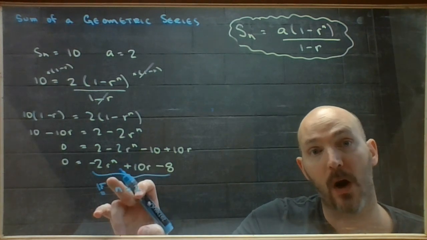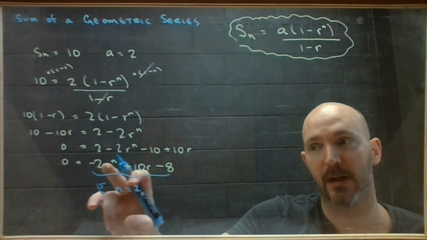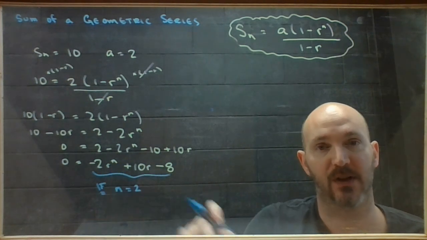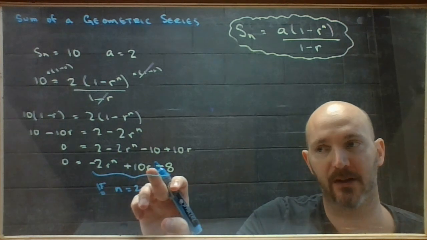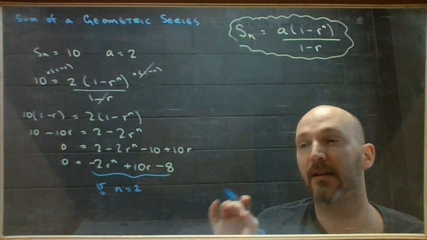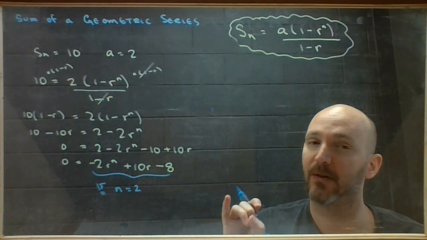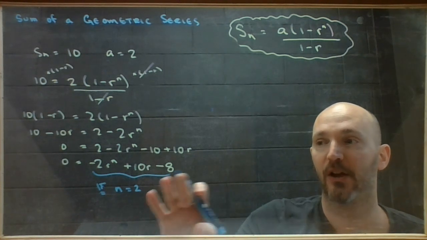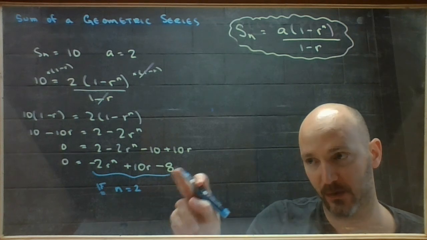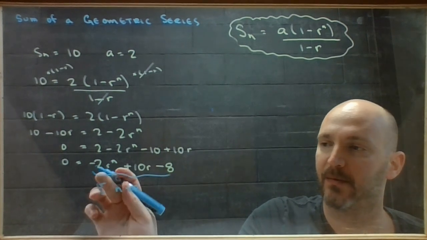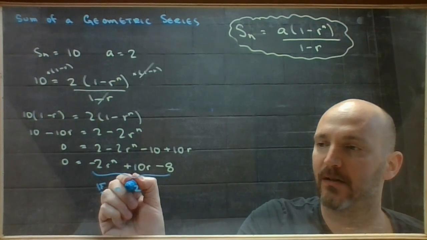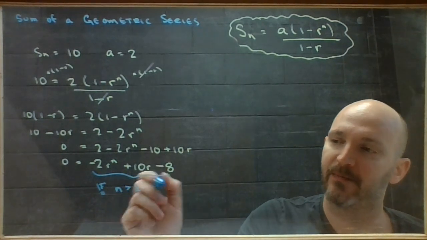If N is 1, you would have something linear, so you could solve it. If N was 0, this term would drop out and I could solve for R. But for any numbers other than N is 0, 1, or 2, you don't have algebra skills in order to solve this.